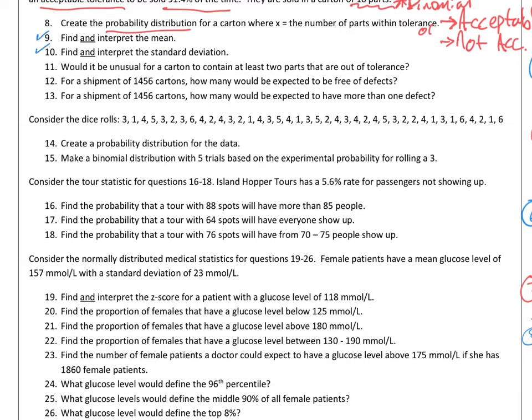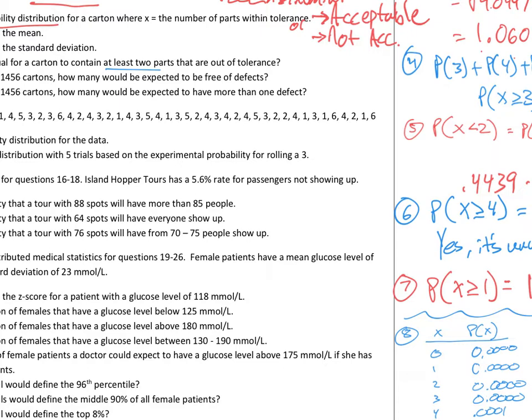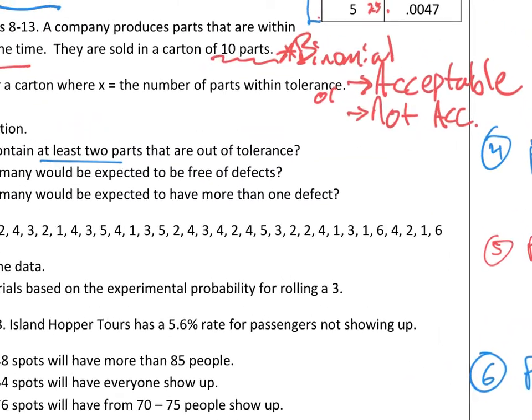There's our mean. Would it be unusual for a carton to contain at least 2 parts that are out of tolerance? If 2 parts are out of tolerance, we have to interpret this.